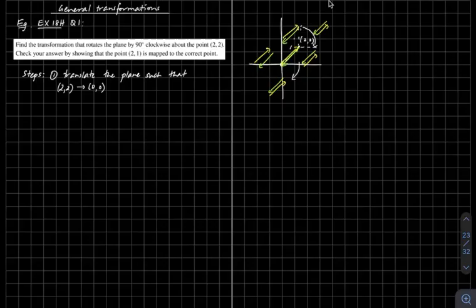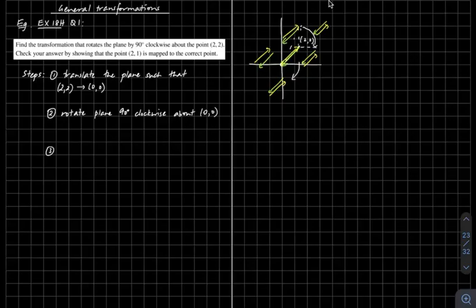The second thing that we're going to do, so step 2, is that we're going to rotate the plane 90 degrees clockwise about the origin, and we've got a matrix to do that.